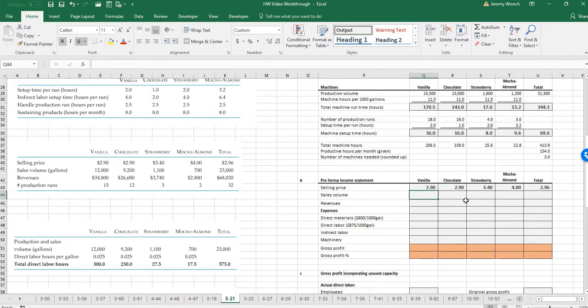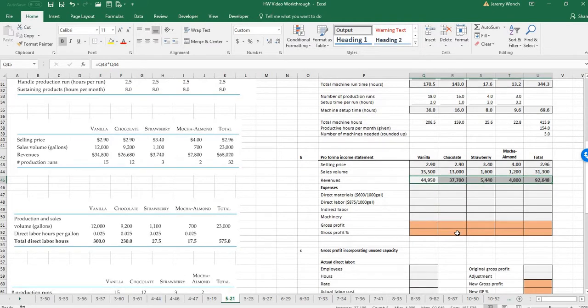Our sales volume, we already have up here, so we can plug that in. And so our revenues is just going to be the selling price per gallon times the number of gallons. So now we have our total revenue in whole and by our different kinds.